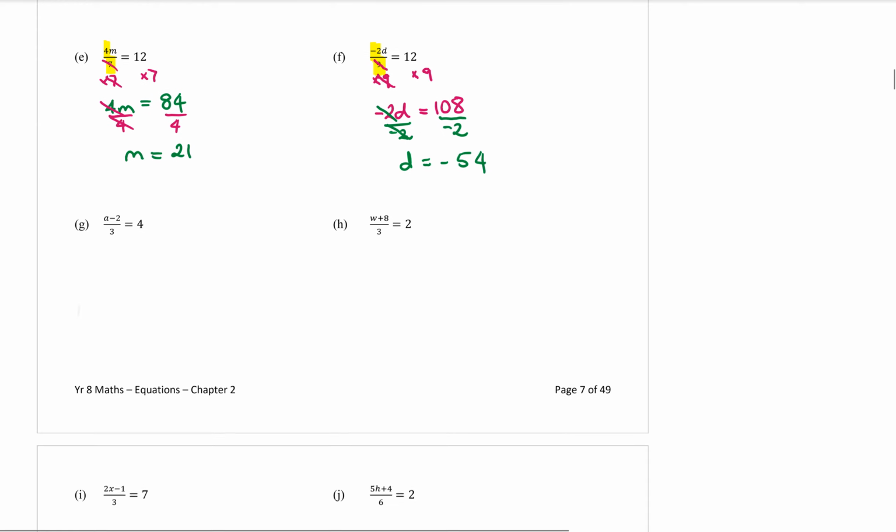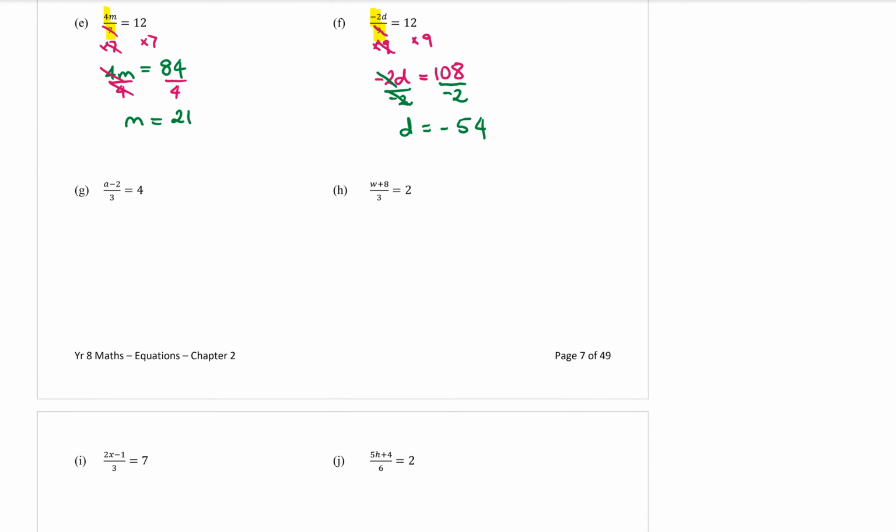G. Okay, this fraction's a little bit different. This time we have the a on the top. The 2 has been subtracted from that, and then the fraction line is then dividing all of that by 3. So we have to get rid of the 3 first. Because it's been divided by 3, I have to times by 3.